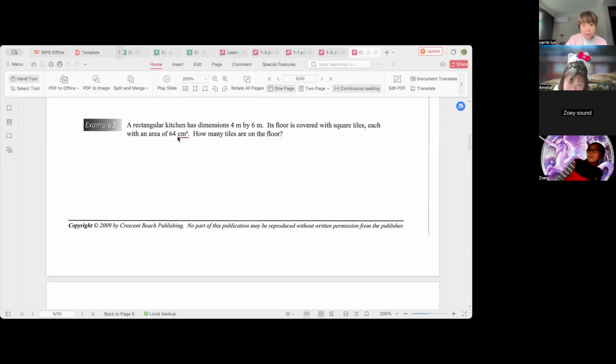The tile is 64 centimeters squared, and the kitchen is 4 meters by 6 meters. Do you understand? Okay, so I want you to pay attention, and you do this one first. Number 3, you do it yourself.